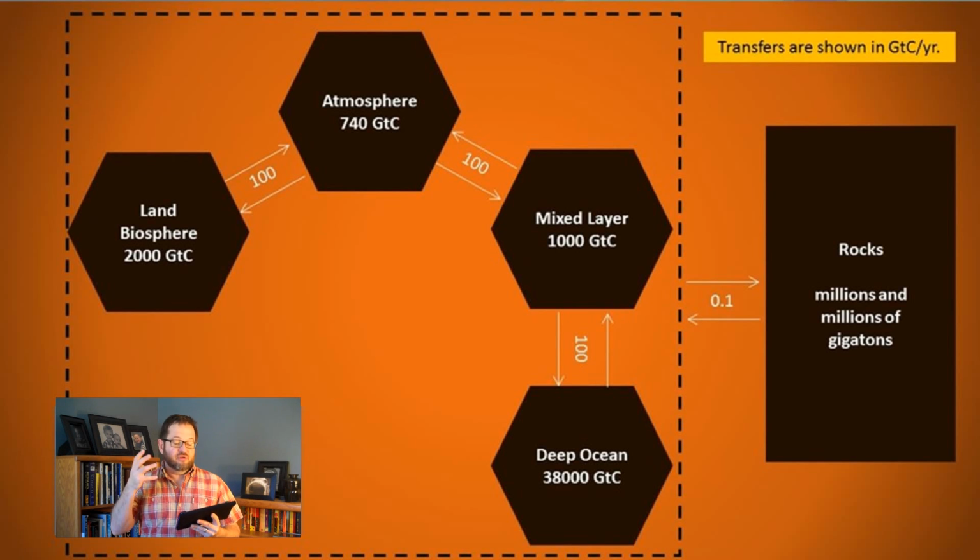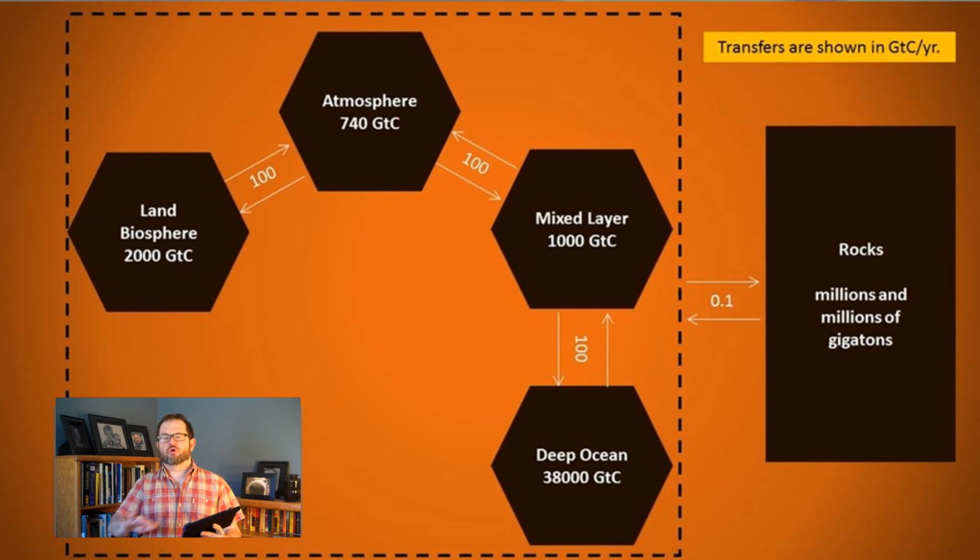And there's similarly about 740 gigatons of carbon in the form of carbon dioxide in the Earth's atmosphere. Those two that are stacked on top of each other are two different parts of the ocean. The near-surface part of the ocean, which is called the mixed layer, has about a teraton of carbon in it, and the deep ocean has 38 teratons, 38,000 gigatons of carbon in it.